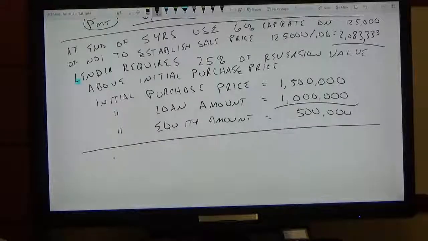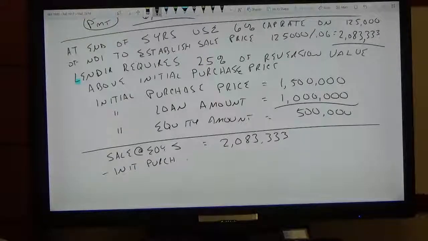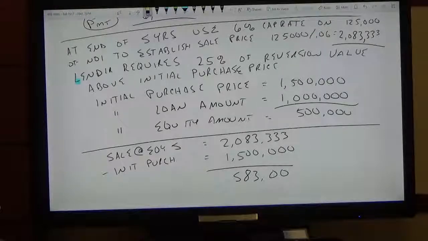So that means sale price at end of year 5 is equal to the 2,083,000, and then we're going to subtract out the initial purchase price of 1.5 million. That means a 583,333 capital gain.